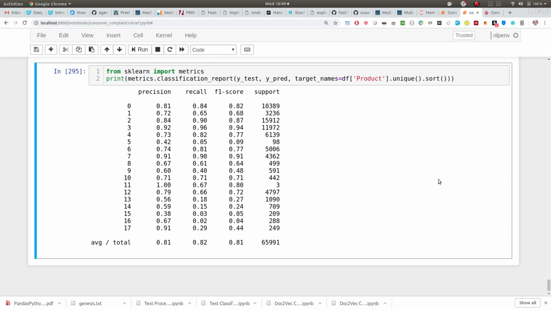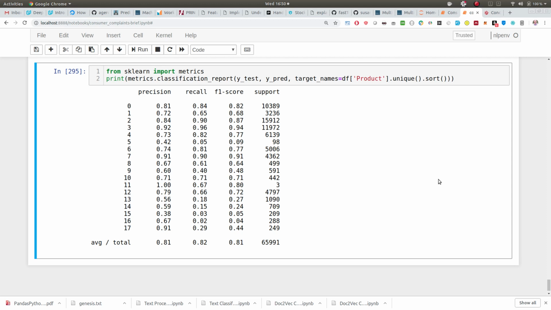Precision means accuracy of positive predictions, i.e. true positives over true positives plus false positives. The recall score is about false negatives. So this is the fraction of positives that were correctly identified, i.e. true positives over true positives plus false negatives.